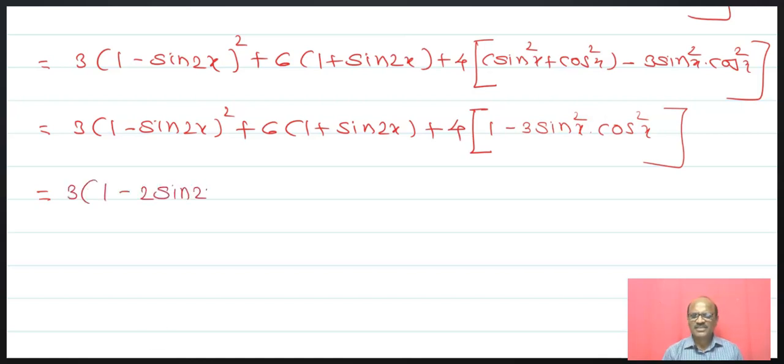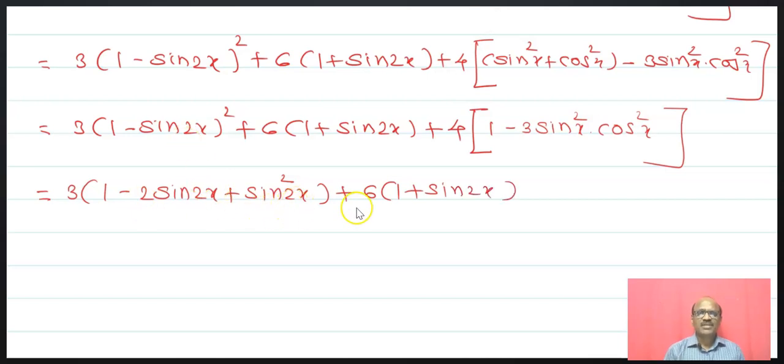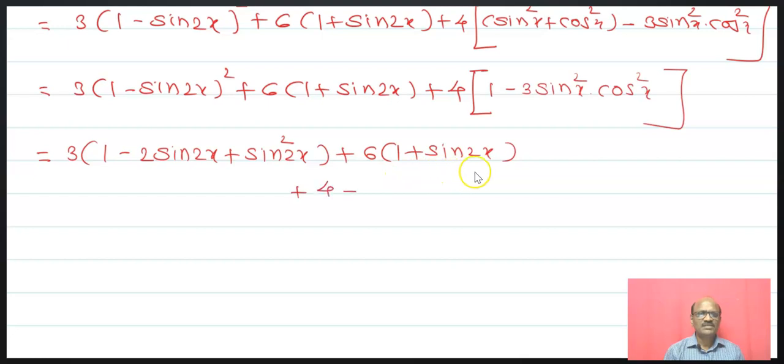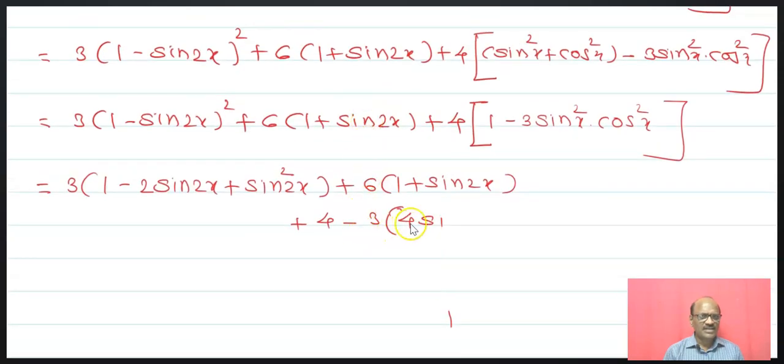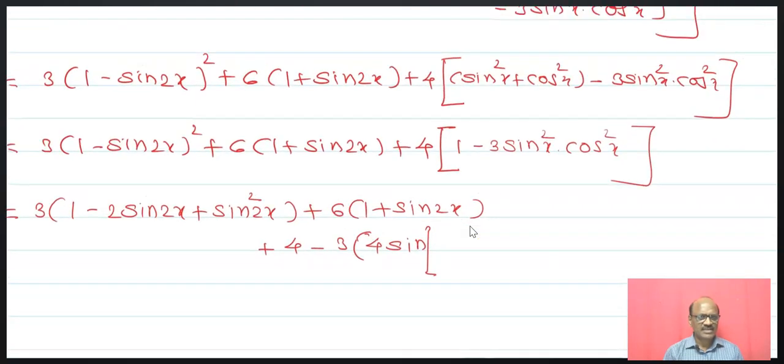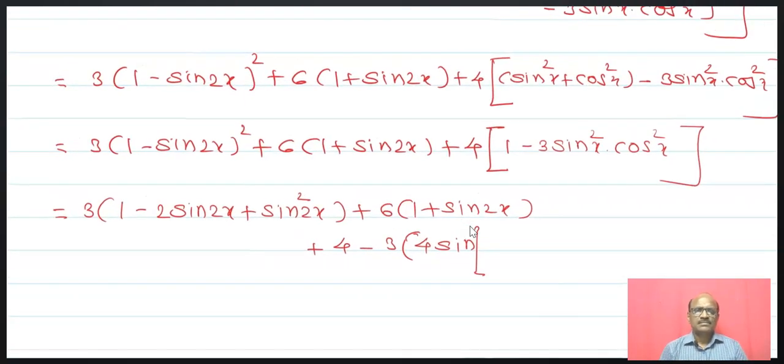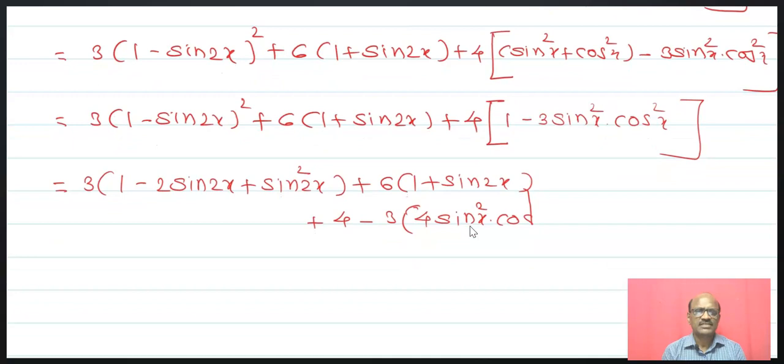Now the expansion of this, (a minus b) squared, that is 1 squared minus 2 sin 2x plus sin square 2x, plus 6 times (1 plus sin 2x), plus 4 times (1 minus 3 sin square x into cos square x).